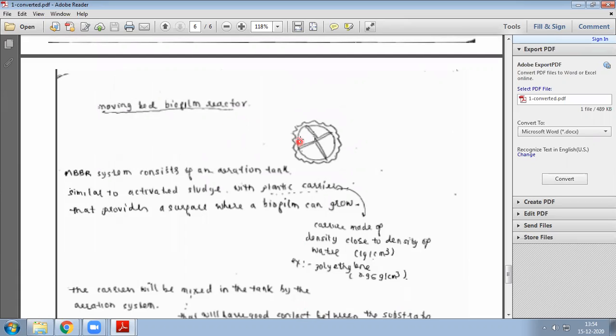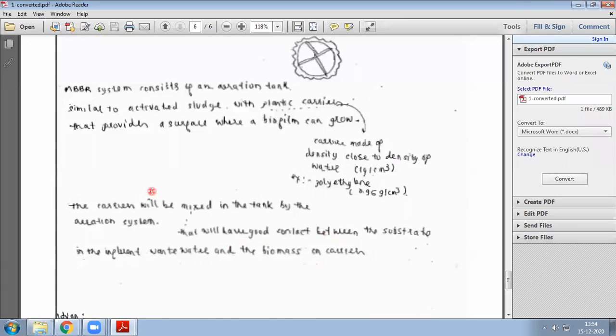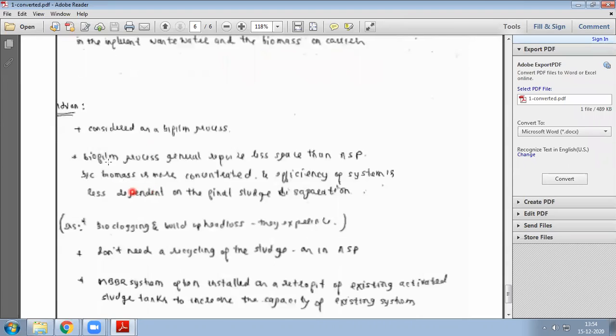So the advantage: it is considered a biofilm process. It requires less space because it is a more concentrated and efficient system, and it is less dependent on final sludge separation.